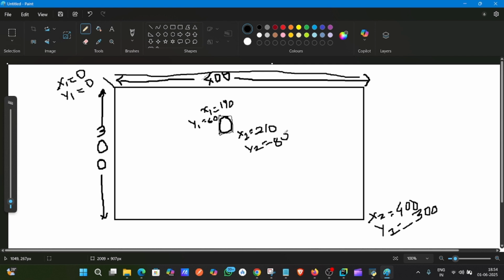If you observe, this is a 20 by 20 rectangle, and inside that there is a circle. Now we need to move this.